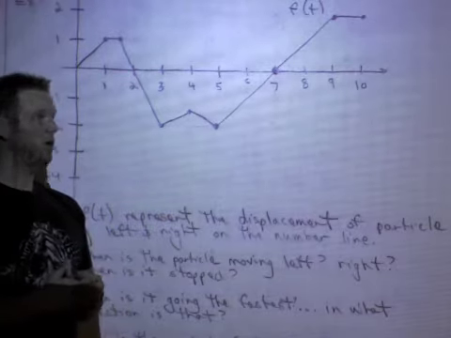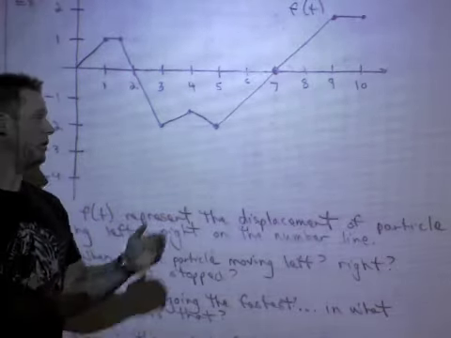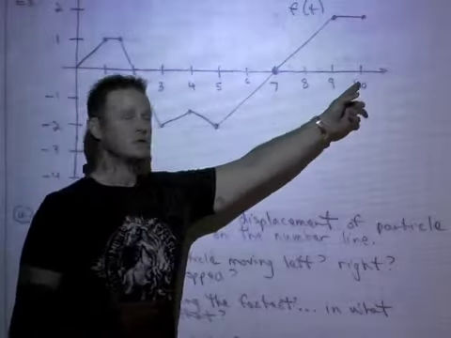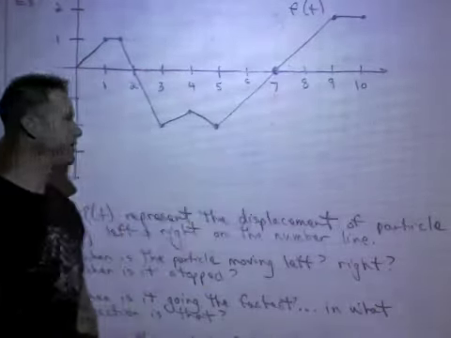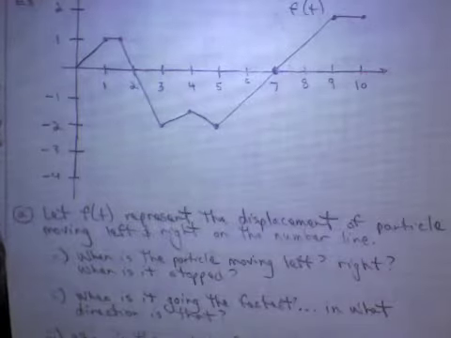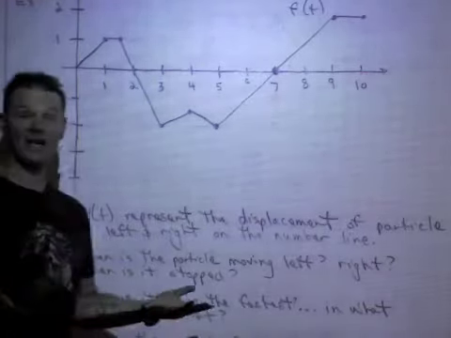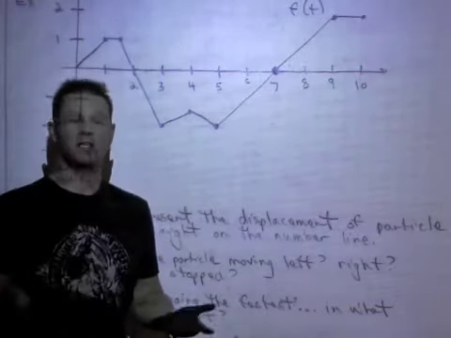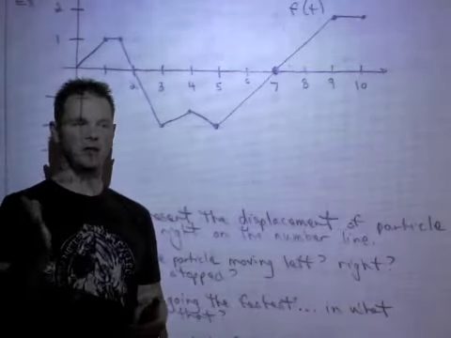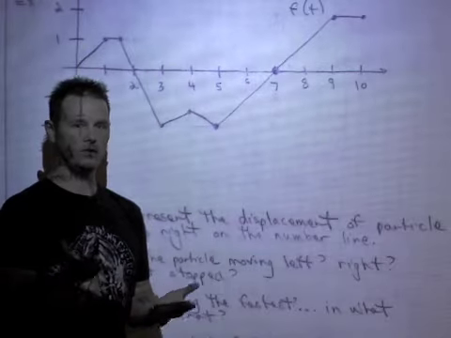It's basically where on the number line is the particle at each of these times. So the t-axis, the x-axis are times, and let's say those are in seconds. And then the y-coordinate is the number of, let's say feet, that you are from where you start.